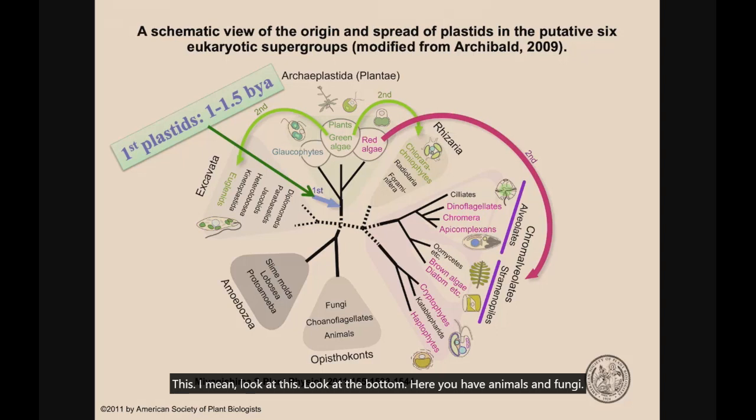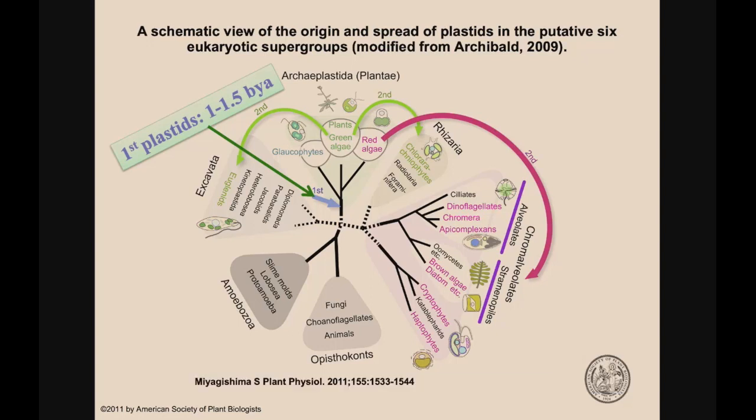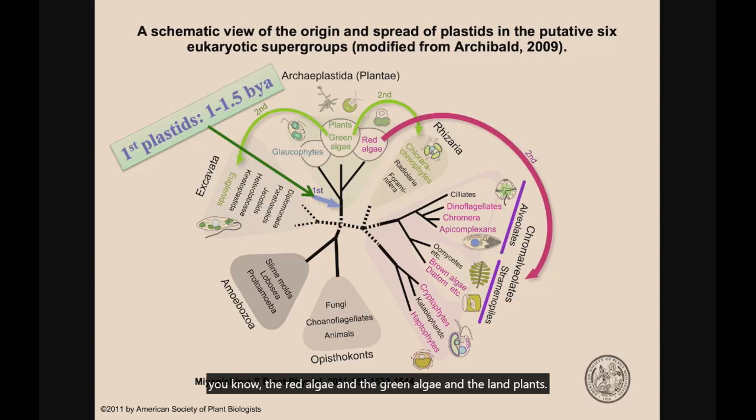Look at the bottom. Here you have animals and fungi, this group here. Here you have the first endosymbiotic event 1.5 billion years ago. It gave rise to the red algae and the green algae and the land plants.